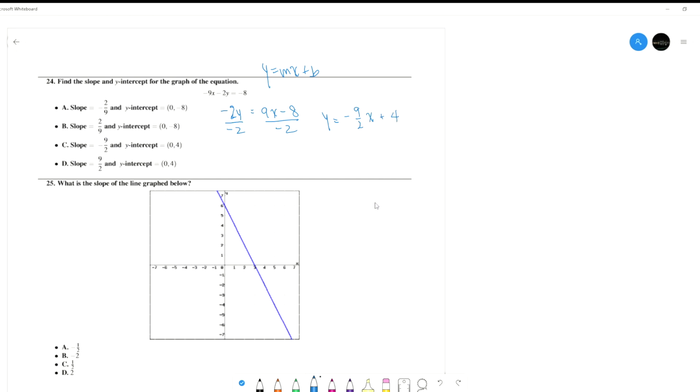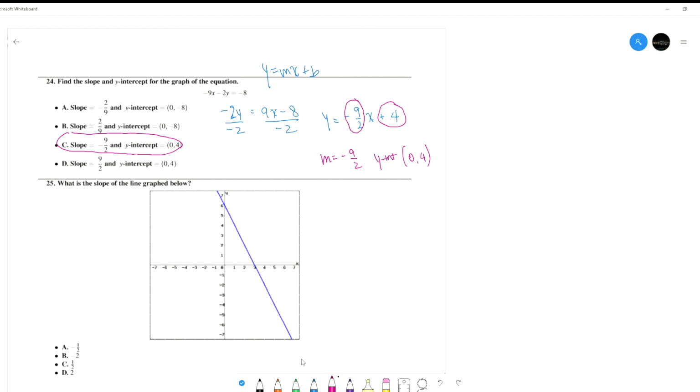And as you can see, the slope is -9/2, and the y-intercept is 4, right? So all you have to do is say m is -9/2, and the y-intercept is (0, 4). And that is answer choice C. Any questions there?